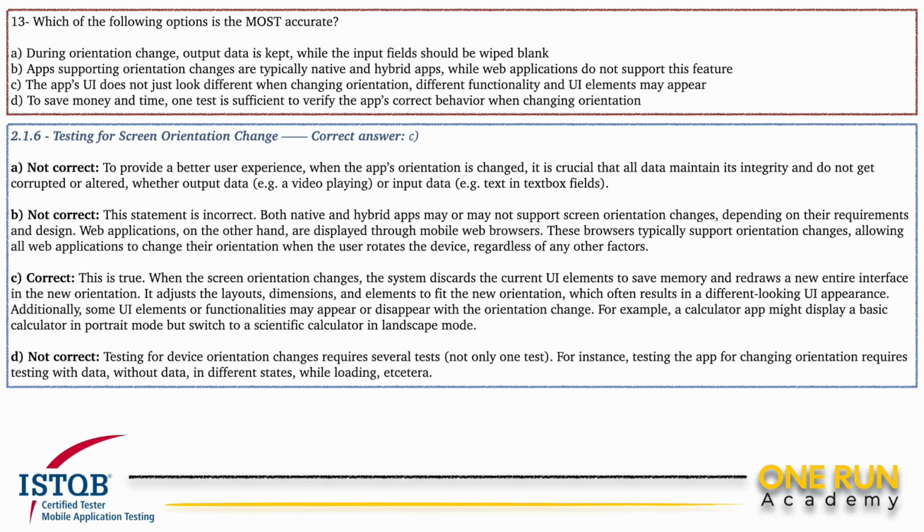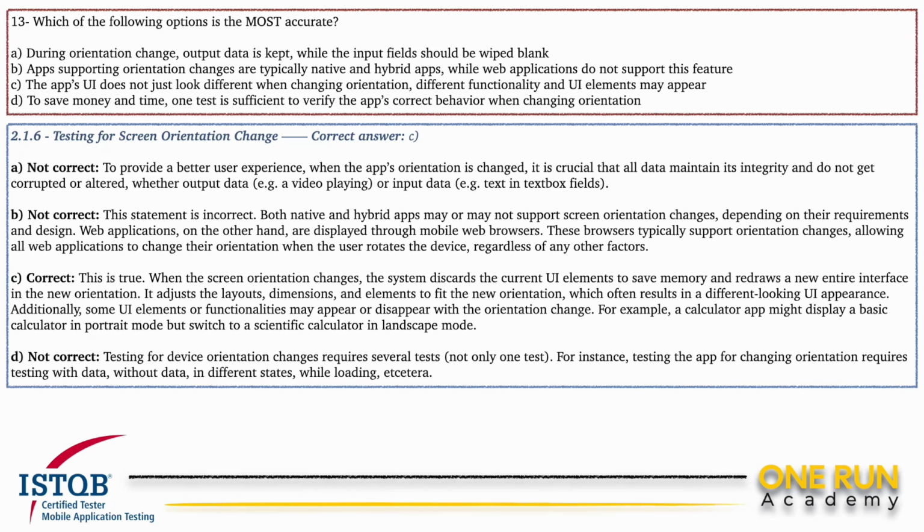Now, moving to option B. Apps supporting orientation changes are typically native and hybrid apps, while web applications do not support this feature. This statement is also incorrect, as both native and hybrid apps may or may not support screen orientation changes. This is depending on their design and specific requirements. For example, a native video app like YouTube supports orientation changes, allowing users to rotate the screen for full-screen viewing.